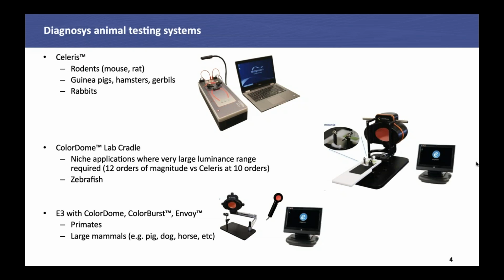It's basically our human clinical systems. We have many customers that use those for larger mammal testing. And then our initial revision 1 mammal test platform, the ColorDome Lab Cradle, we still do sell. Pretty much Solaris has replaced that. There are a couple of niche applications like zebrafish that people still use the ColorDome for as well.